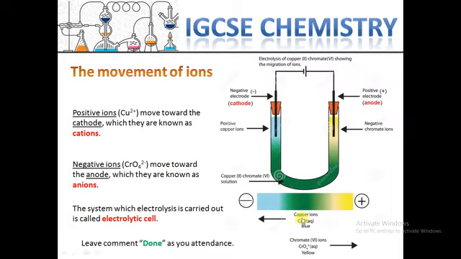In the solution, the positive part, the copper ions, can move and be attracted to the negative electrode, the cathode, and the negative part of the compound, chromate, is attracted to the positive electrode, the anode.